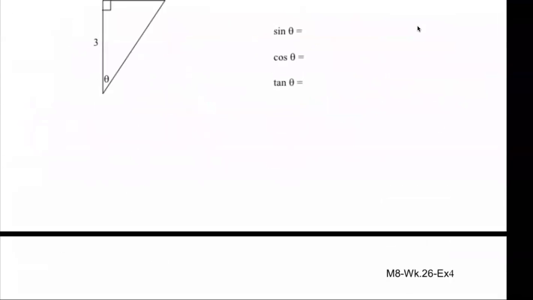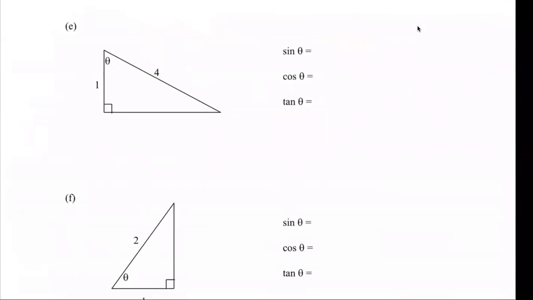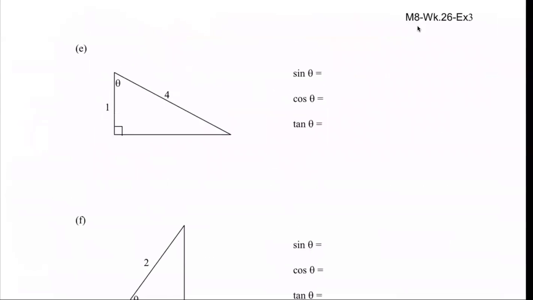Let me see. Do I need to go over all the questions? Okay, let's do it. So this is theta, and obviously this side is unknown. Starting from part E, not only do we need to find sine, cosine, and tangent, we also need to use the Pythagorean theorem to find the unknown side first.